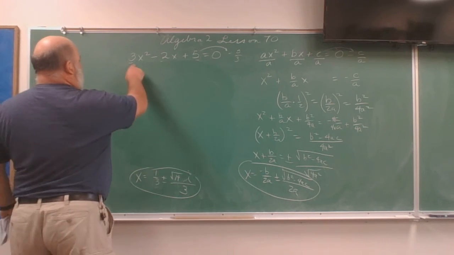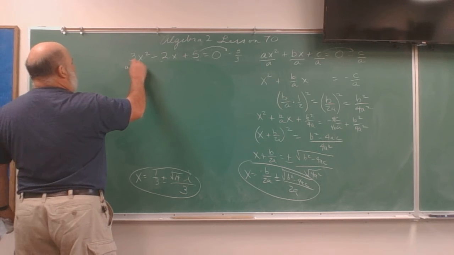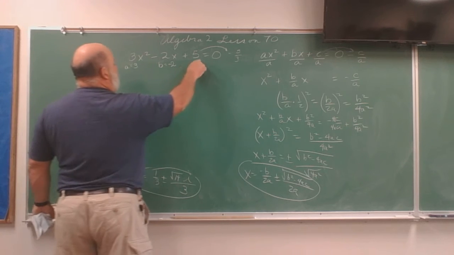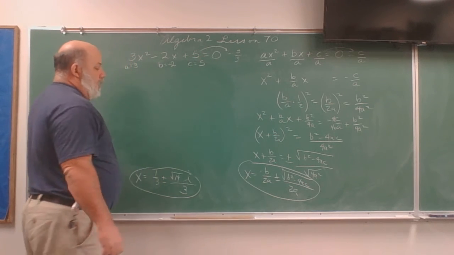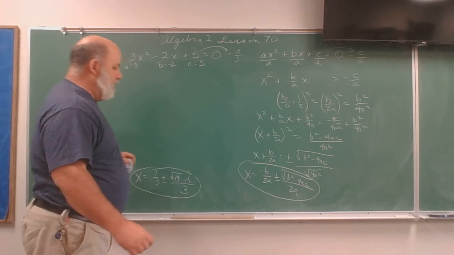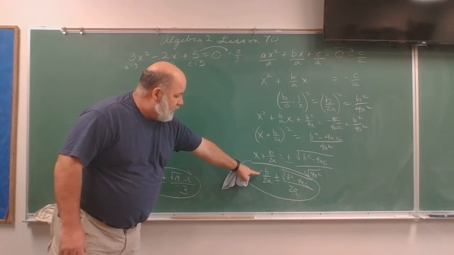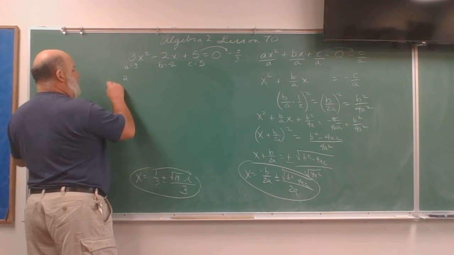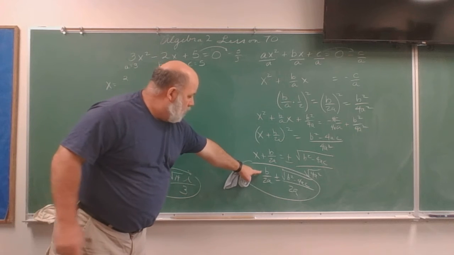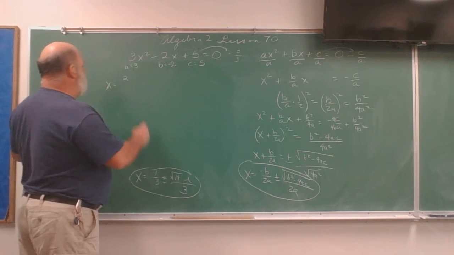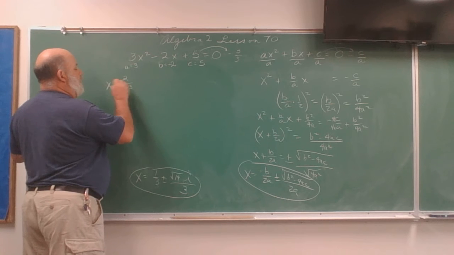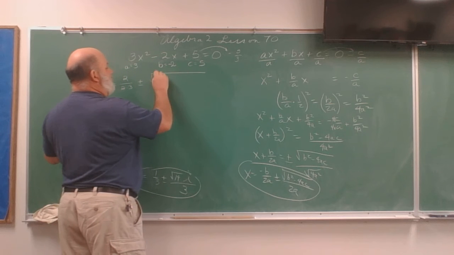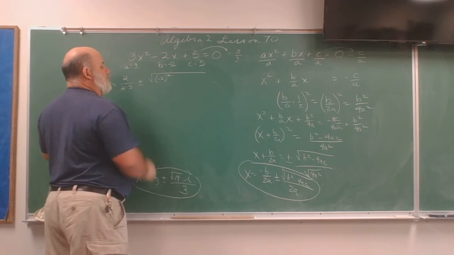If we had just said, okay, A equals 3, B equals -2, you got to keep that negative with it, and C equals 5, we can plug them into that formula. X equals the opposite of B, the opposite of -2, which is +2, over 2 times A, that's 2 times 3, plus or minus the square root of B squared, that is -2 squared.